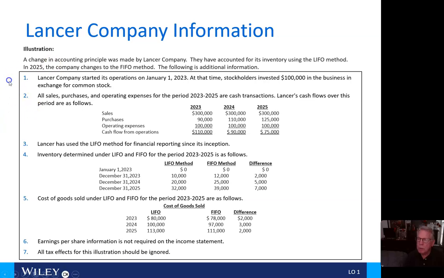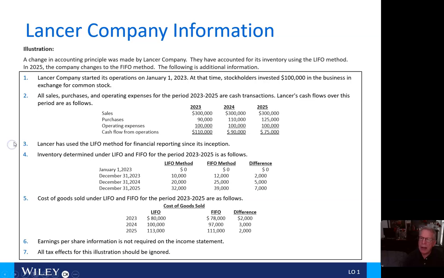Number two, all sales, purchases, and operating expenses for the period in 2023 and 2025 are cash transactions. Lancer's cash flows over this period are as follows, and they detail that by sales, purchases, operating expenses, and cash flow from operations for 2023, 2024, and 2025.